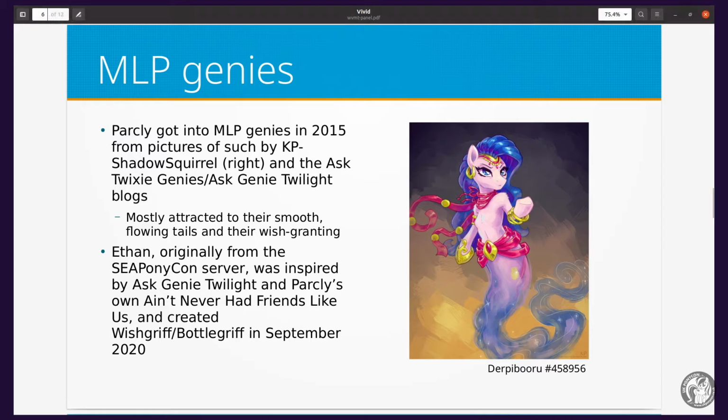Anyway, now I like genies because of the reason explained here. I got into them in 2015 from pictures by Karl Polvinsky, or KB Shadow Squirrel. He drew this Genie Amira, Genie Trixie, and then there were these two blogs, Ask Trixie Genies and Ask Genie Twilight.